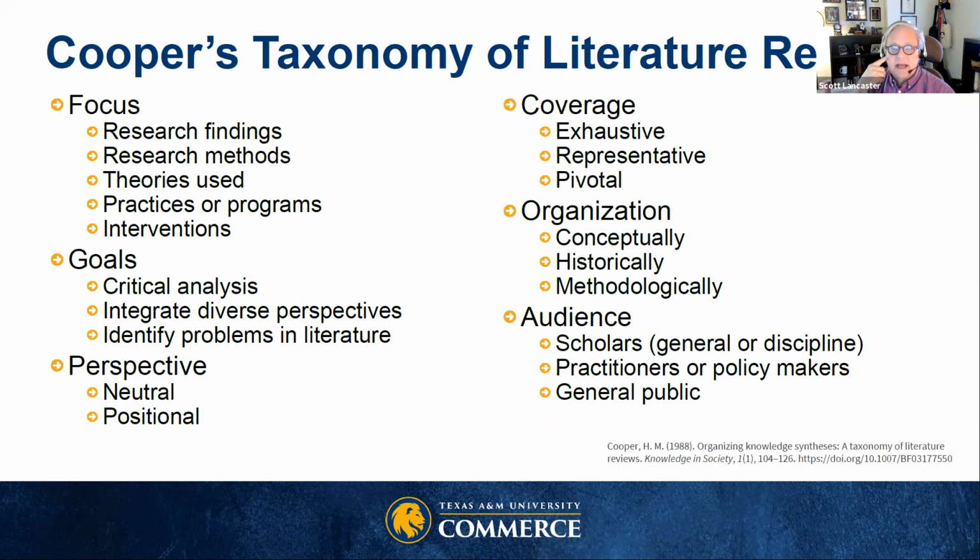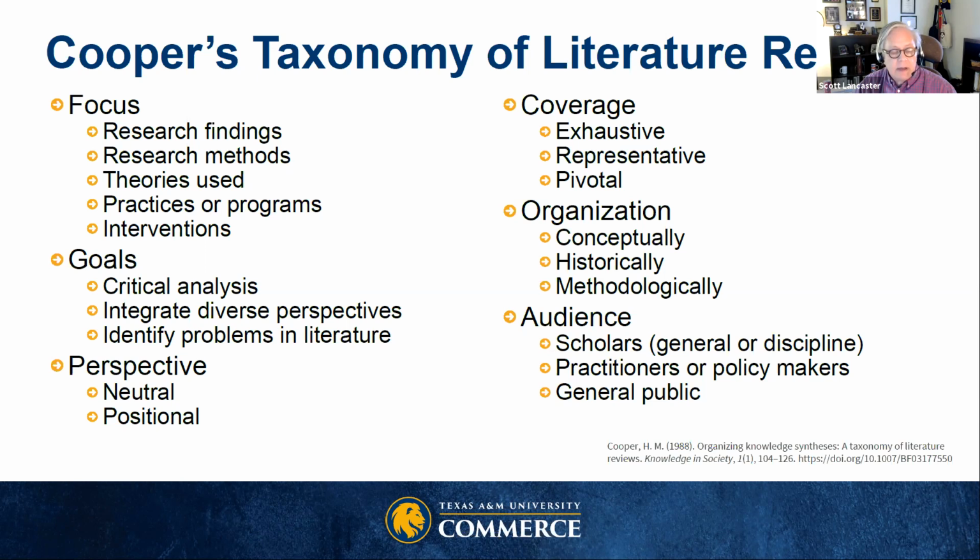The next is organization. This is the one where once you've gathered all your sources, you're trying to figure out how you are going to organize this. You go through this process whenever you are writing any kind of paper. You either have the literature review organized conceptually, which is by subtopics within it, depending on the area that you're researching, or it could be historically, in other words, chronologically.